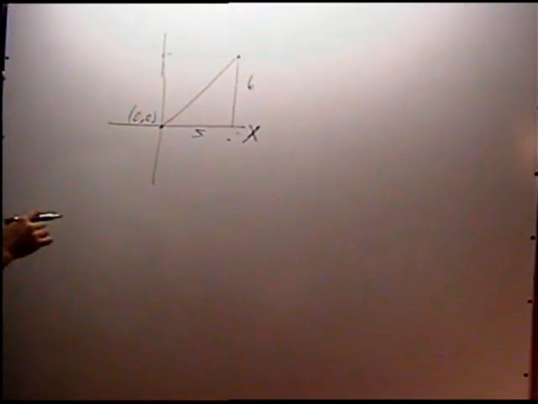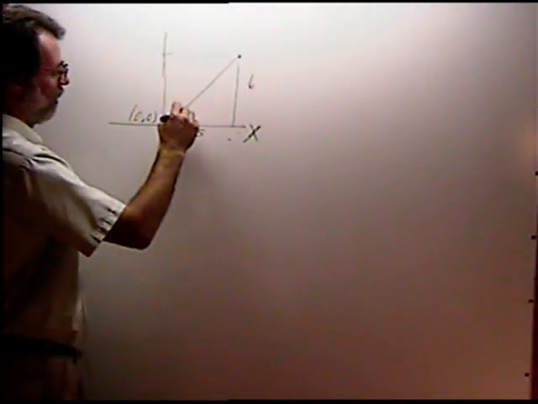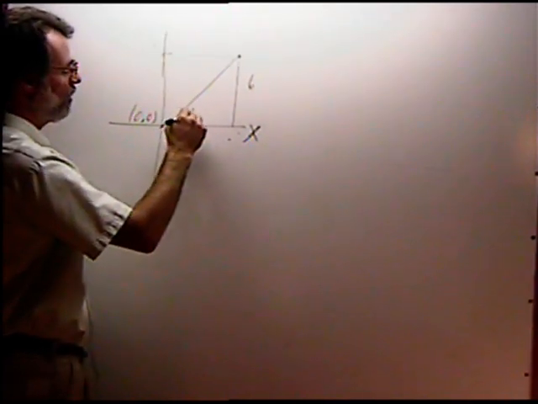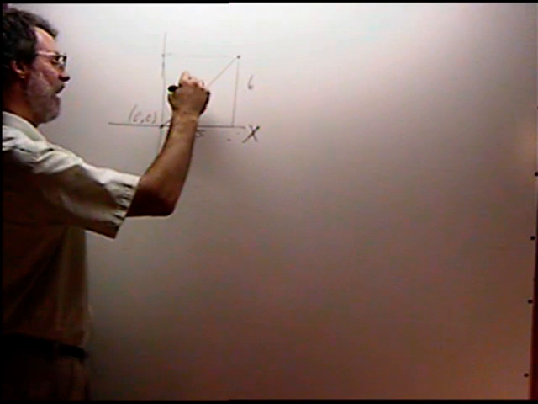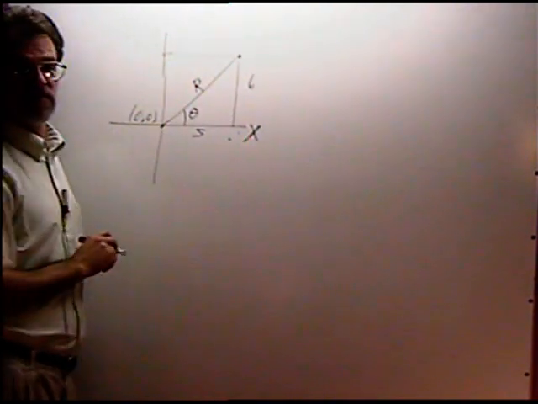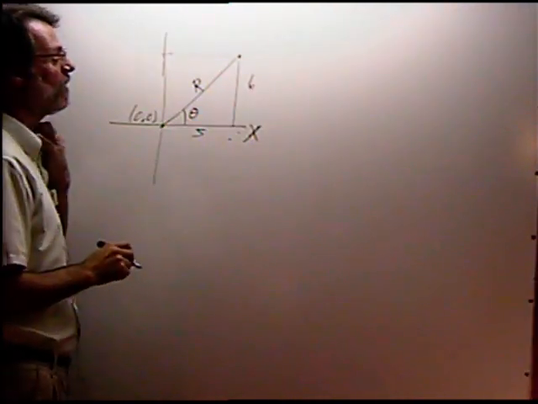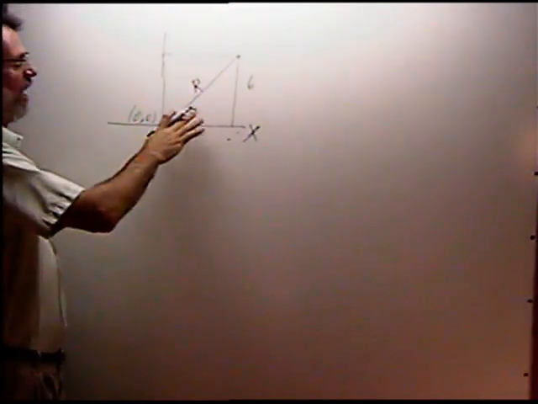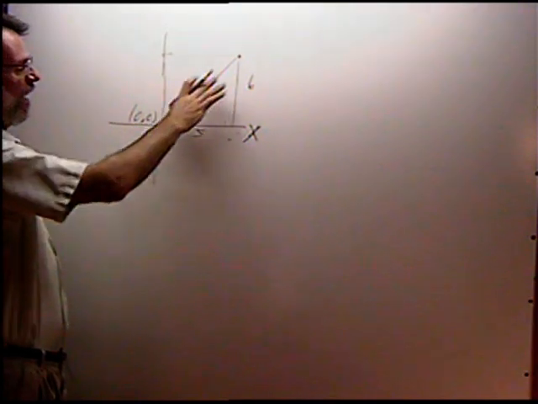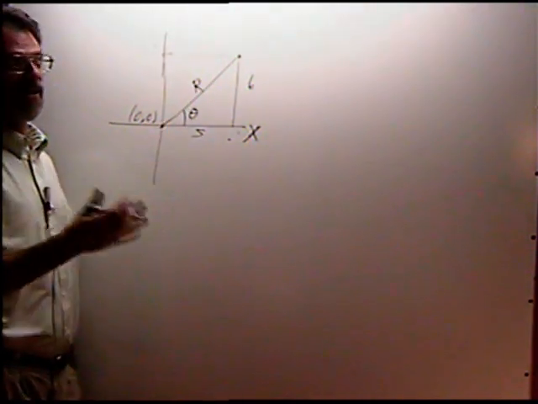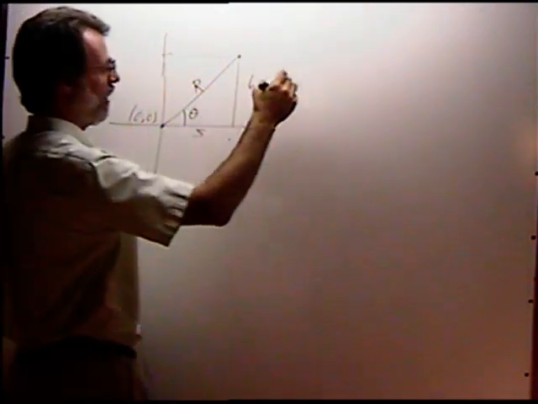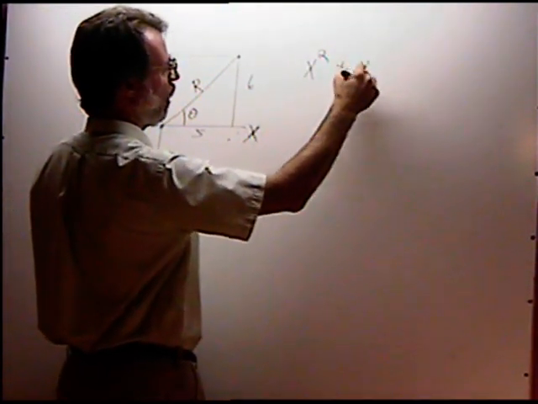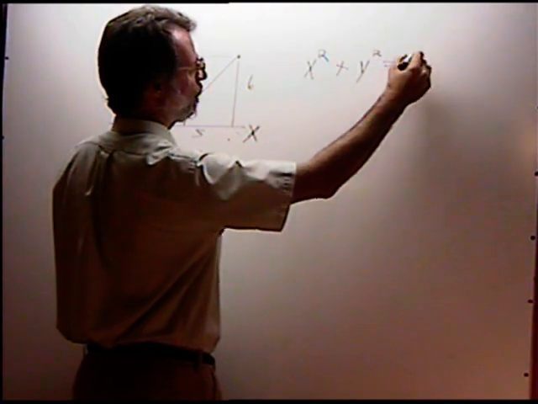Okay, so the question is, I want to know what is this angle right here and how long is this? Well, I can figure out how long it is by simply using Pythagorean's theorem. For this hypotenuse, remember, x squared plus y squared equals r squared.